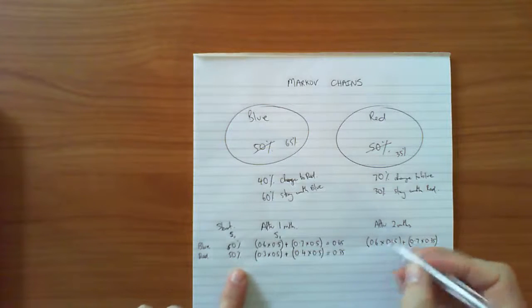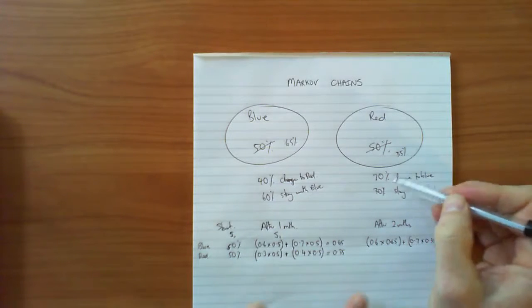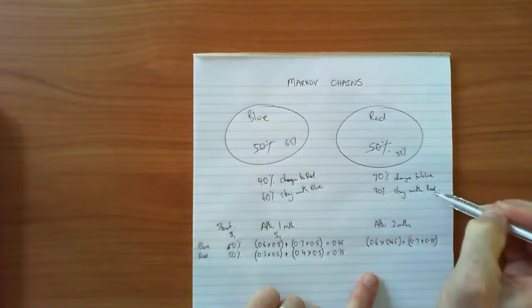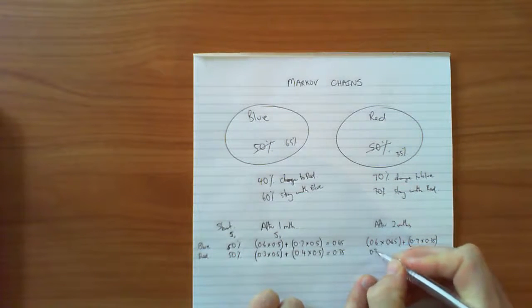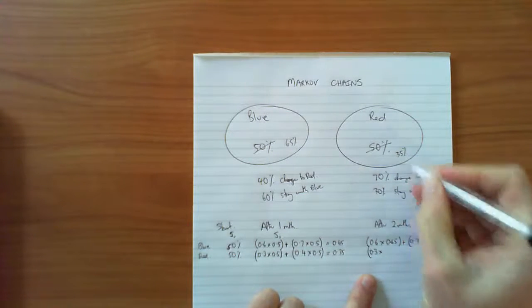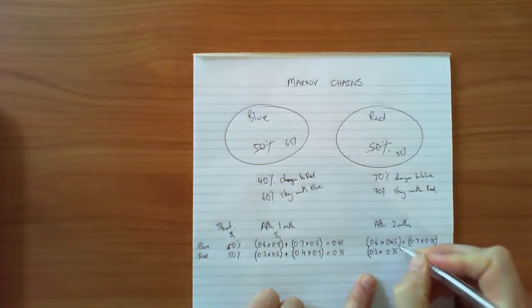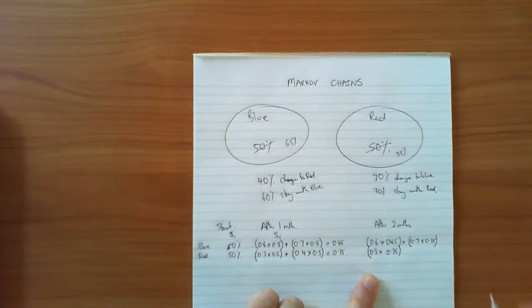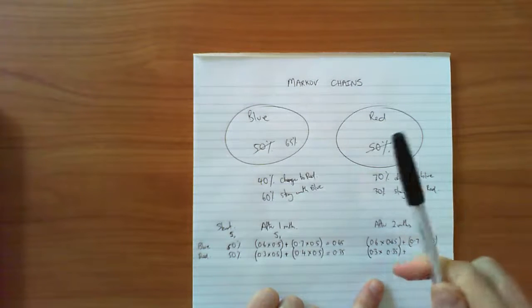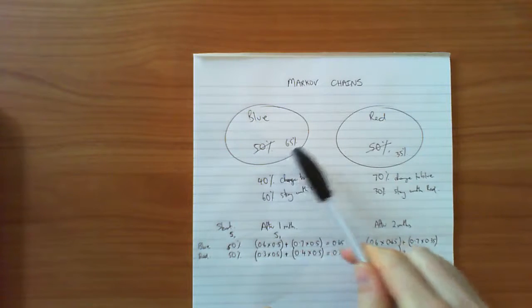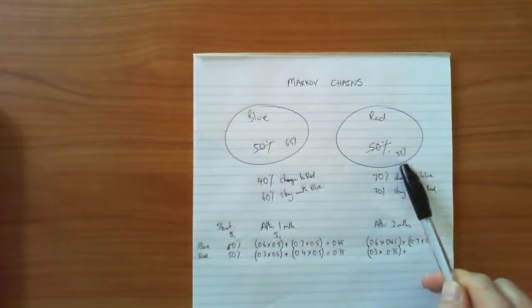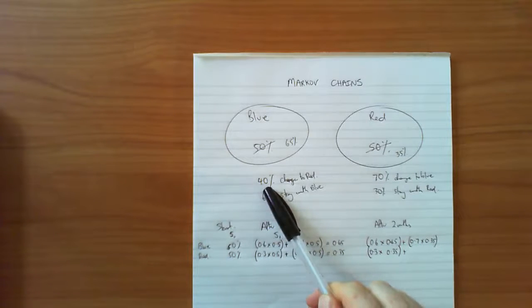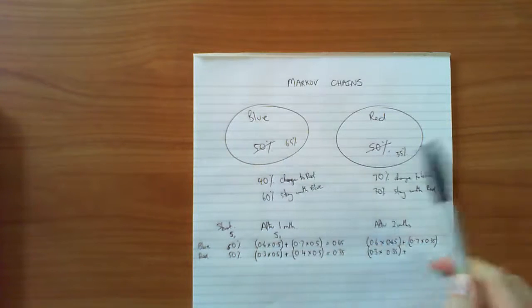Now let's look at the red drinkers. The red drinkers, 30% stay with red. So that is 30% of the current red drinkers, 0.35. But some of the blue drinkers change over to red. 40% of these guys change over to red.